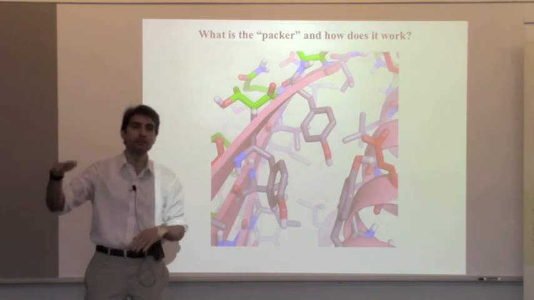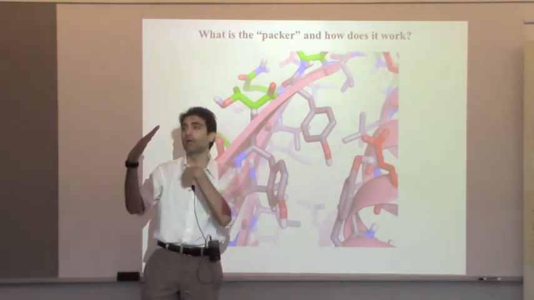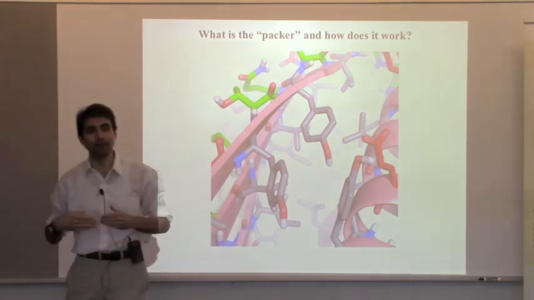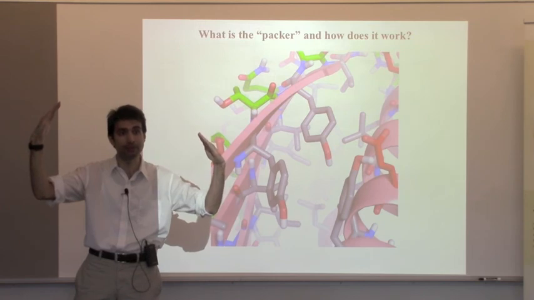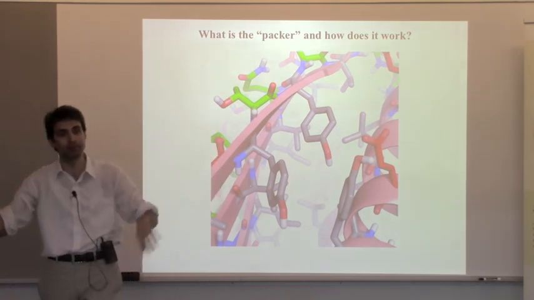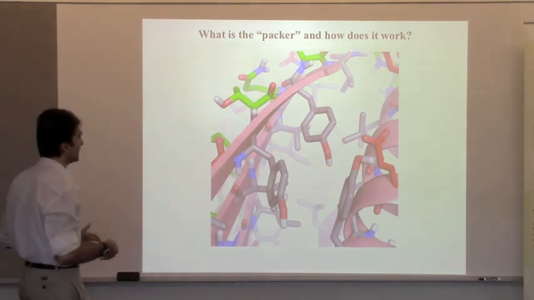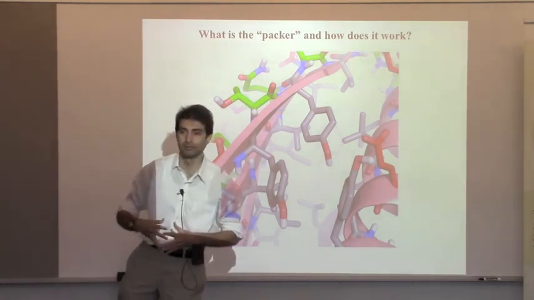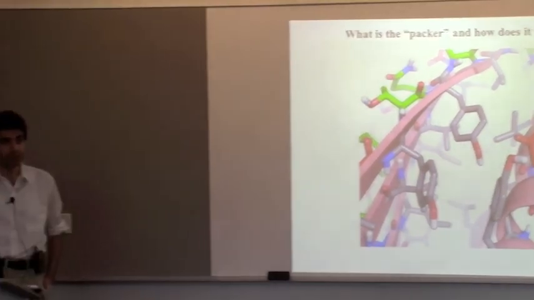But if I say don't pack at this position, there's no way that I can come back and subsequently say, okay, pack. If I say don't pack at position A and I say don't pack at position B, the Packer is going to say, okay, I can't pack at position A or position B. So does that make sense? But task operations are only prohibitive. So that's the Packer. That's for optimizing side chain placements or side chain identities. And that's what is usually used for design.